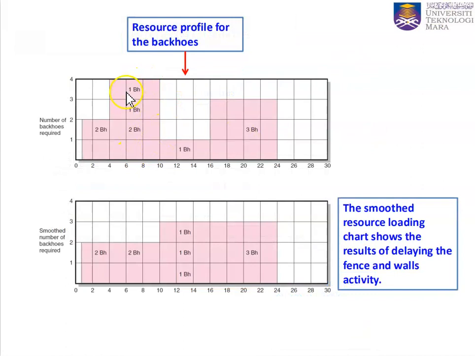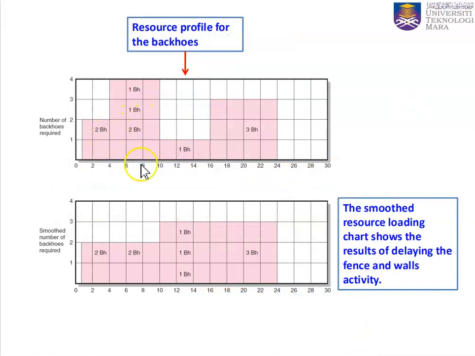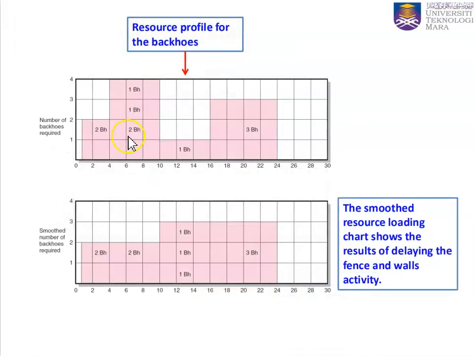So we plot them: 2 backhoes for the fence and walls, 1 backhoe for the irrigation, and 1 backhoe for the walkways. So this is the resource profile.